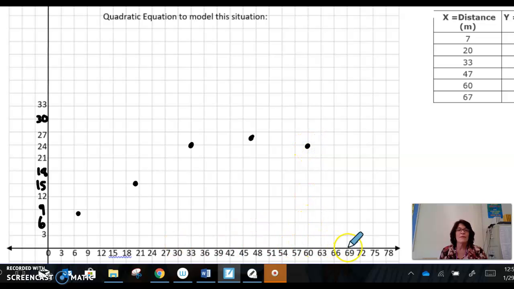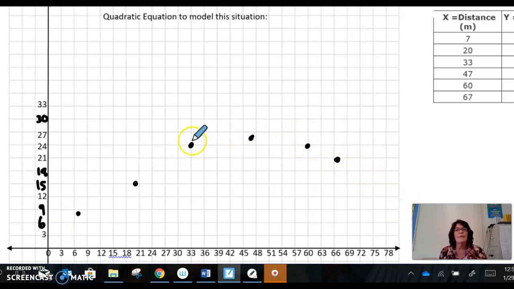And 67, I was at 21. Here's 66, one more than that, and we were at 21, about there. So I can see the shot put follows a parabolic path.